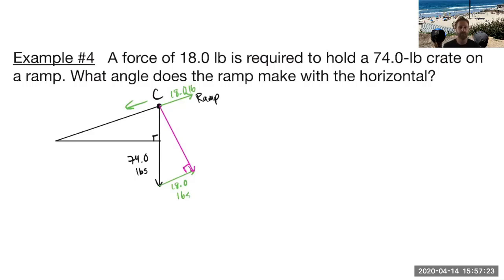So with all of this, we're going to have to then take and find what they wanted us to find, and that was the angle that the ramp makes with the horizontal. So we are looking for that angle theta. So how are we going to do that?